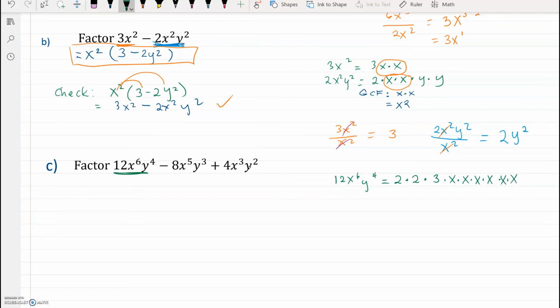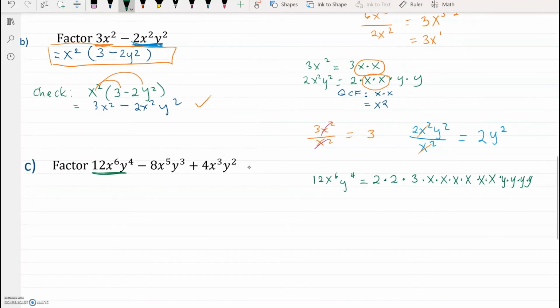And then y times y times y times y. So that would be for my 12x to the 6th y to the 4th. And then next, let me just say 8x to the 5th y to the 3rd, because we can take care of the negative later. So for 8, 2 times 2 times 2.